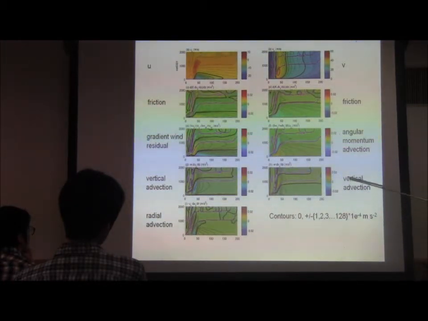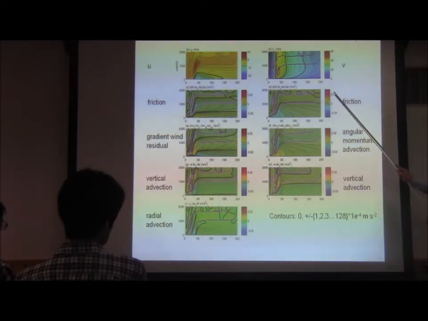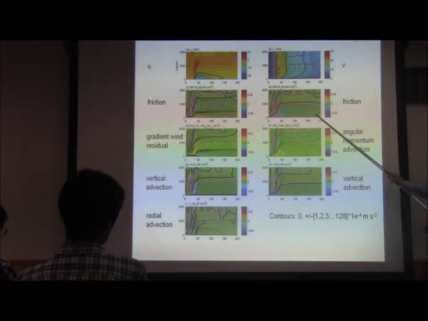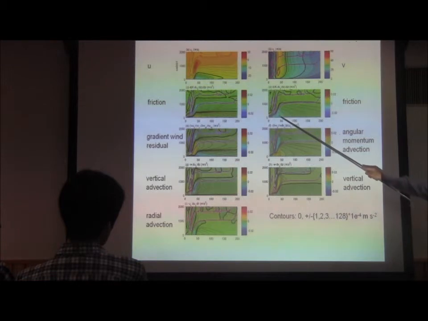Now, we'll also look at the budget for the azimuthal wind. Near the surface, friction, or vertical diffusion, is acting to weaken the azimuthal wind. So predominantly, we're seeing a weakening of the wind.